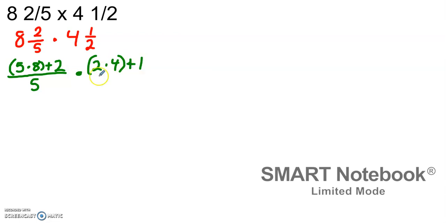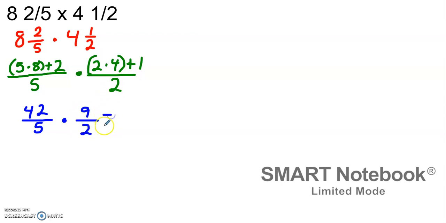And this is an adding of a 1, and it stays 2. Now that I have this, I can actually do the calculations. 5 times 8 is 40. 40 plus 2 is 42. So I have 42 over 5 times, and then 2 times 4 is 8. 8 plus 1 is 9. So I have 9 over 2.